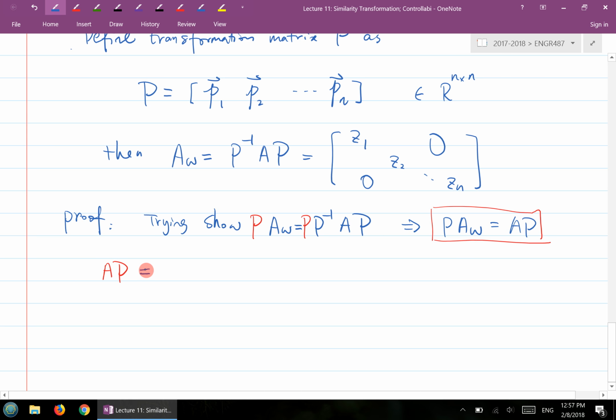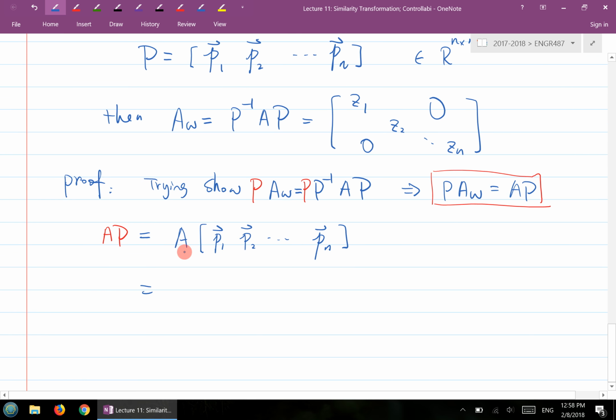A times P: this is A here, and the P matrix is the transformation matrix, so P1, P2, and Pn. We can multiply the A into each element, which is still a vector. So you got A times P1, A times P2, and A times Pn.